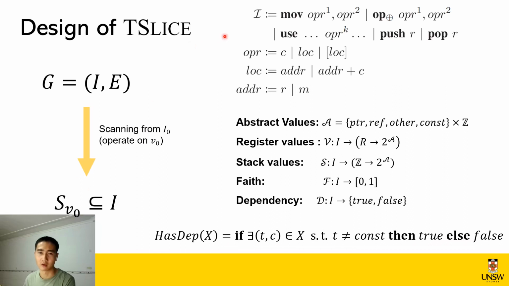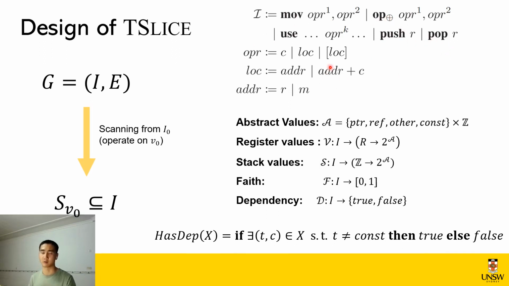T-slice operates on an IR. This is a very simple IR. Its syntax is shown here. It has several operations like move, op, use, push, and pop.